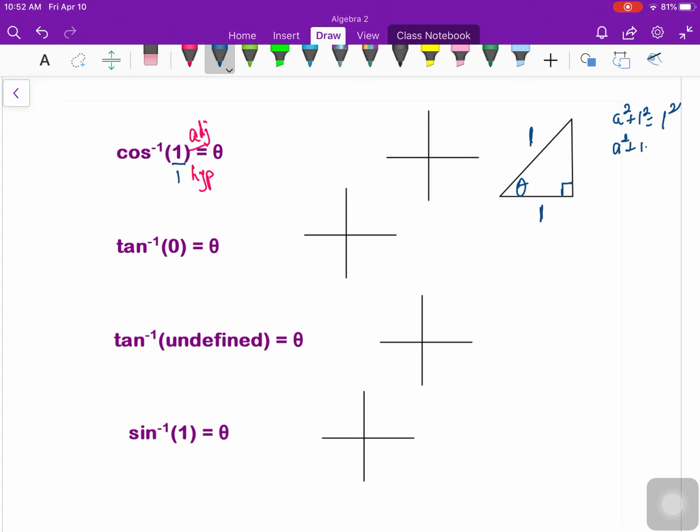A squared plus 1 equals 1. Subtract 1. A squared equals 0. So a is 0. Well, that is not actually a triangle. When you have a radius or a hypotenuse of 1 and a side of 1, that means it is a quadrantal angle.